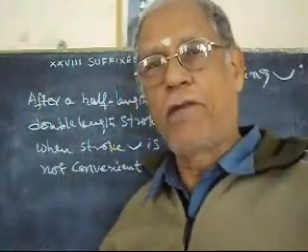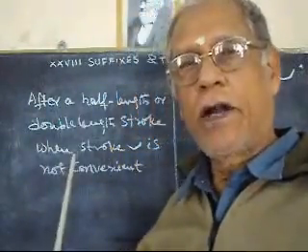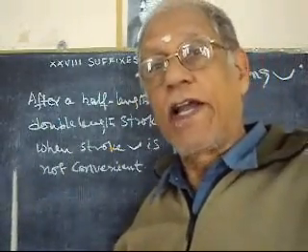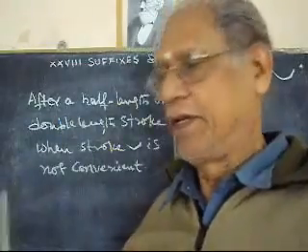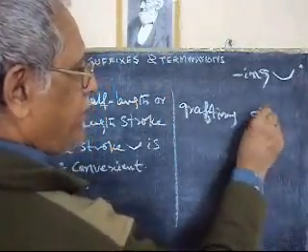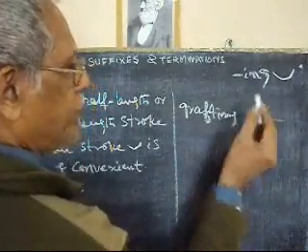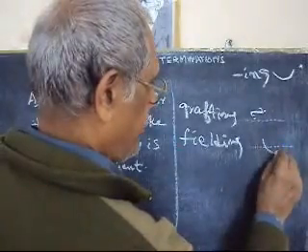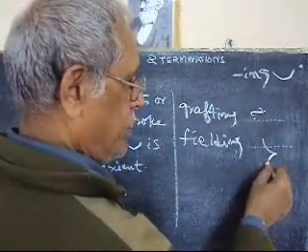Another rule: after a half length or double length stroke, you can use dotting, if stroking is not convenient. Grafting, then you can put the vowel. Fielding, dotting.